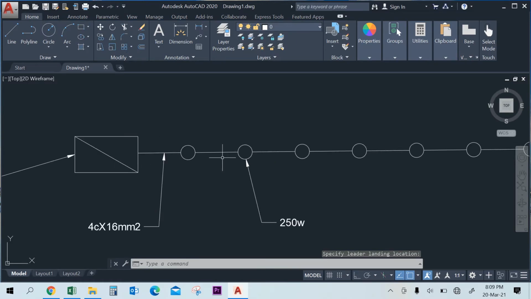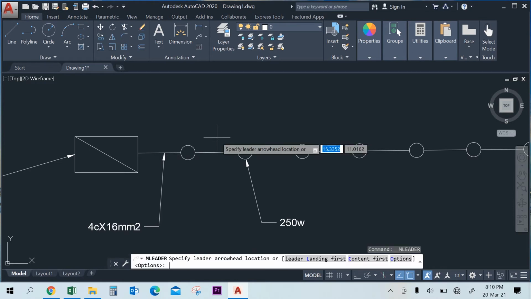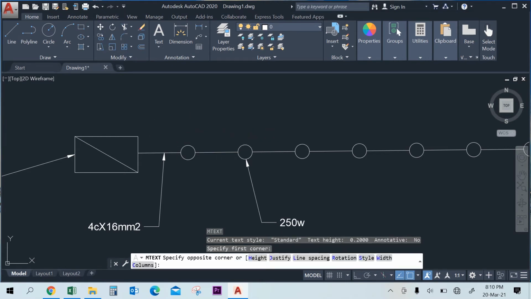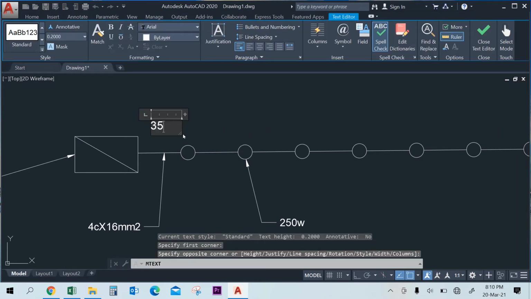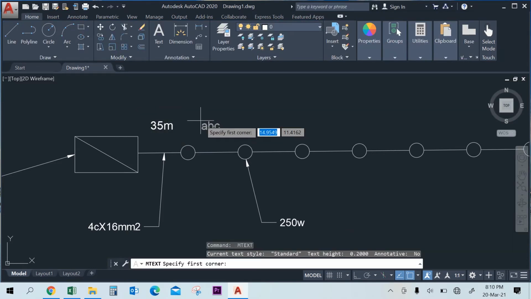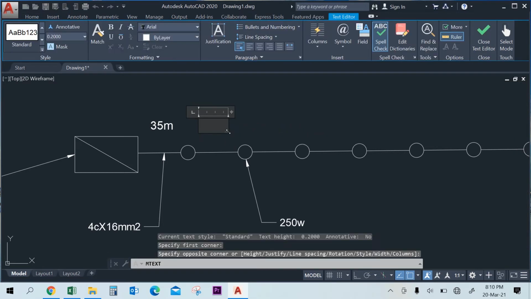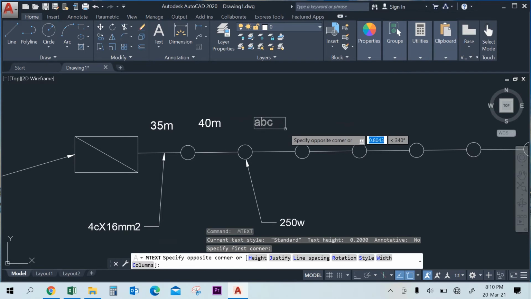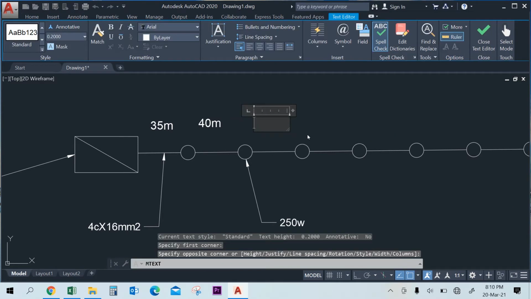Okay. And the second thing is we have to mention the length of the cable from pole to pole, how much length. So just assume it. Suppose here I mention 5 meter. Here from this pole to that pole 40 meter. From that pole to another pole the distance is 42 meter.